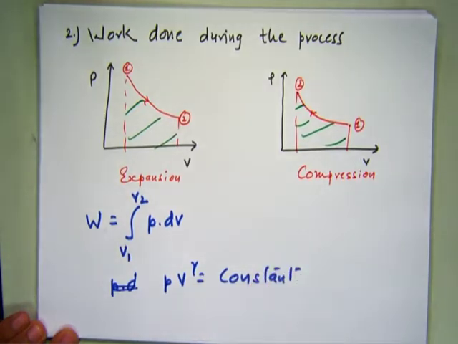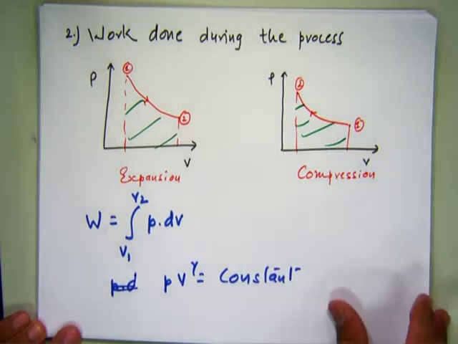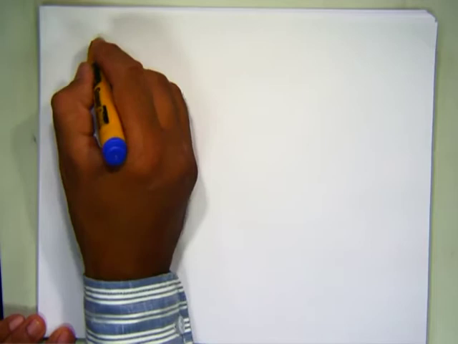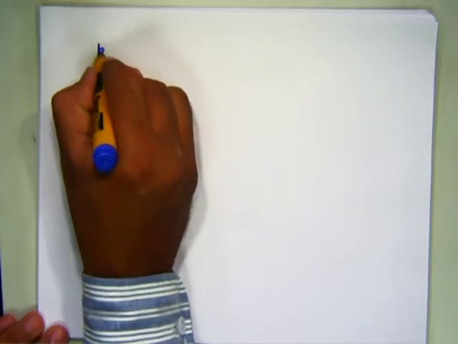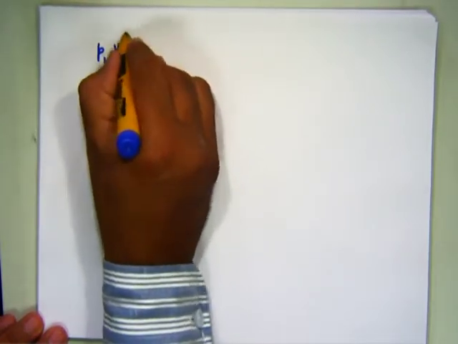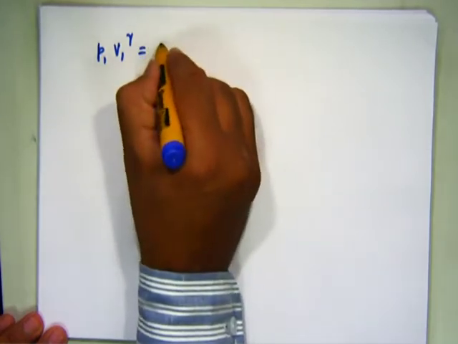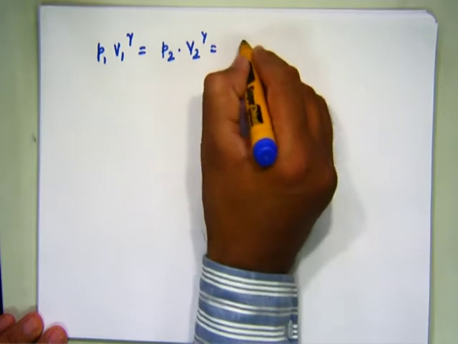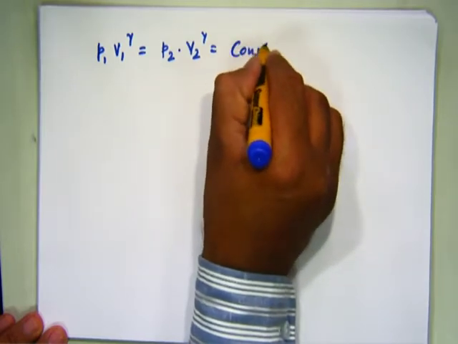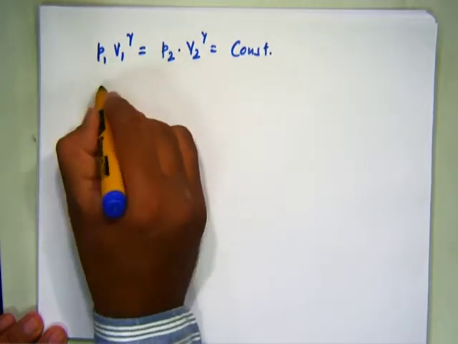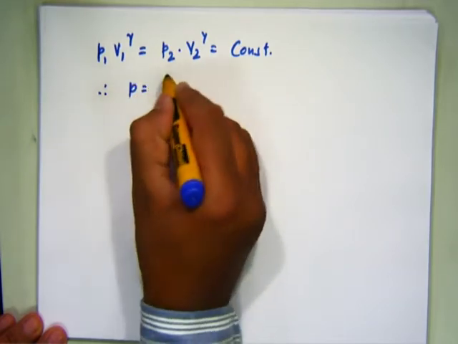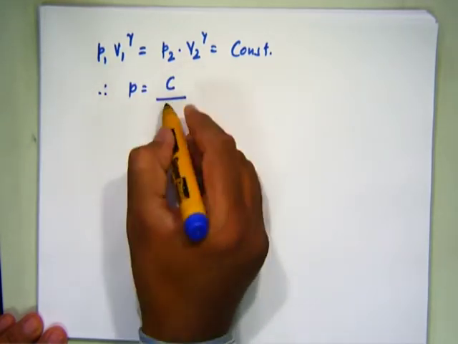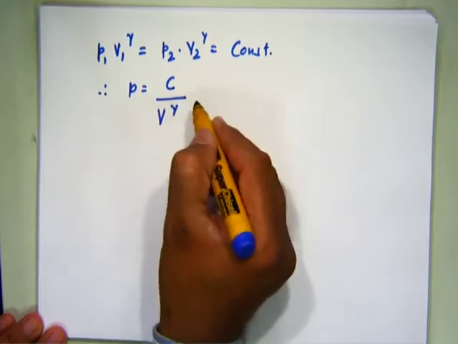So we can write down P1 V1 raised to gamma, P2 V2 raised to gamma is equal to constant. Right? So therefore P is equal to C, constant, upon V raised to gamma.